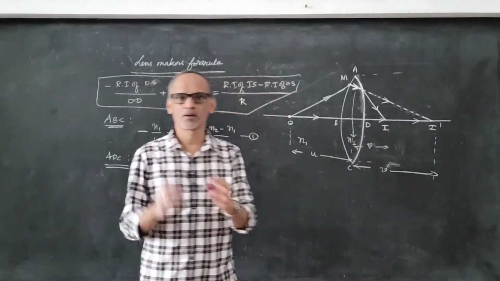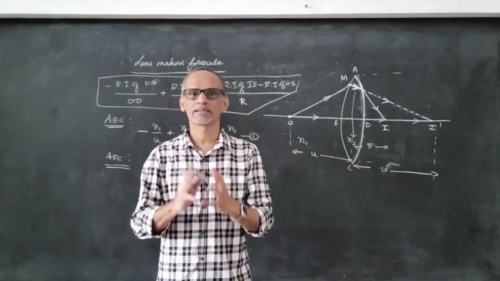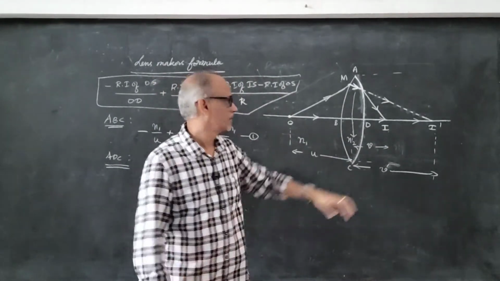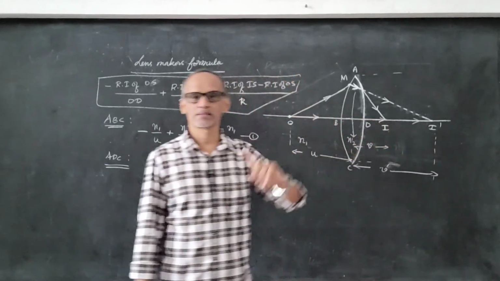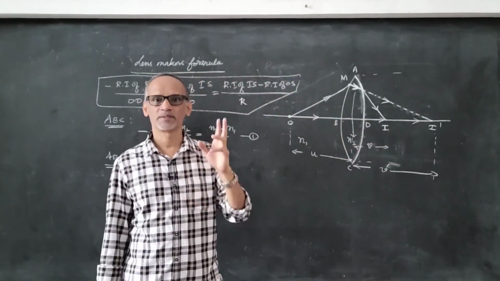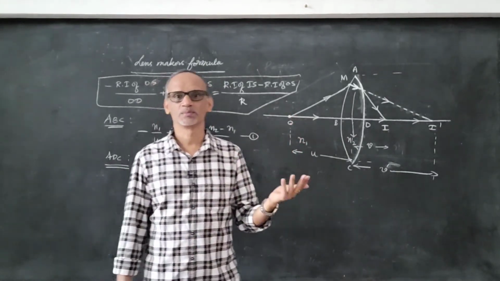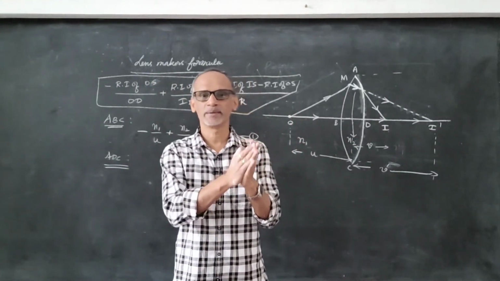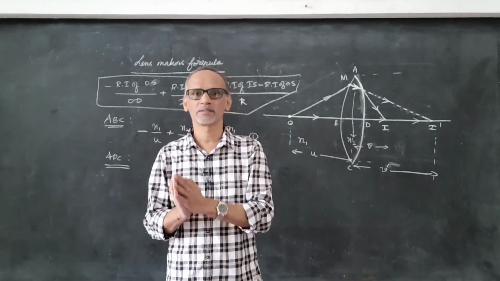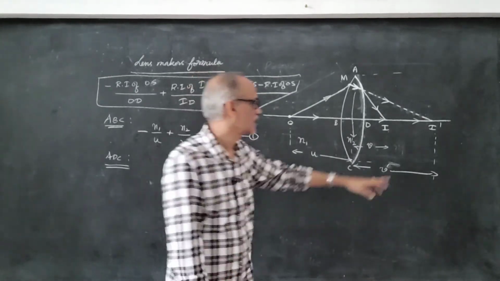Therefore, that I dash is common for both first as well as second surface. I dash acts as a virtual object for the second surface only, but for the first surface, it's a real image. I've already told you.